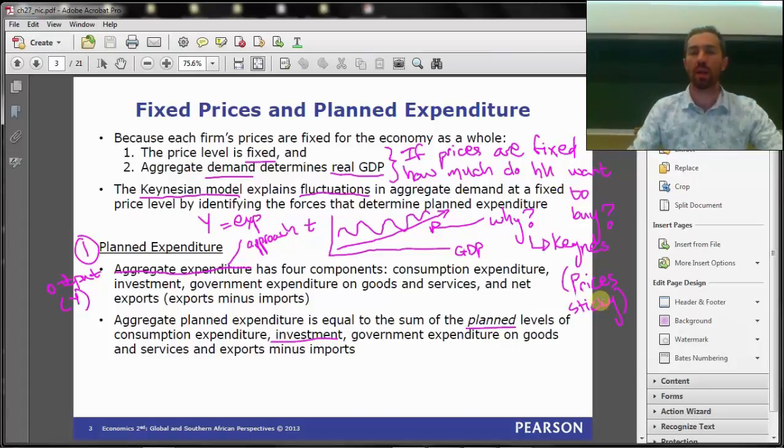We want to see how we might end up with this up and down variable business cycle pattern, and we're going to be using our expenditure approach to measuring GDP to understand this pattern that we see.